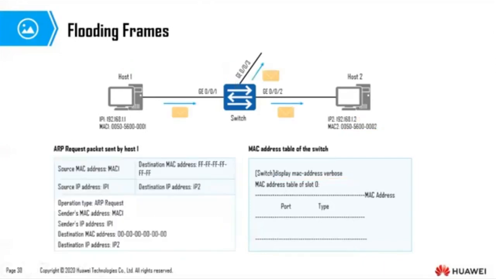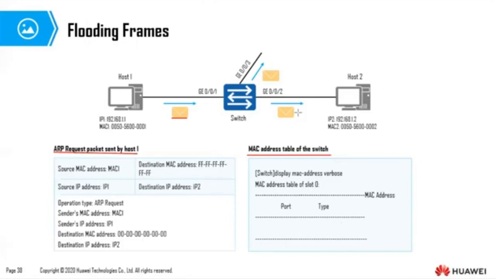Okay, so next, host 1 is going to send a what? An ARP request packet, right? Then what happens when the switch receives this particular packet? The switch will check its own MAC address table.